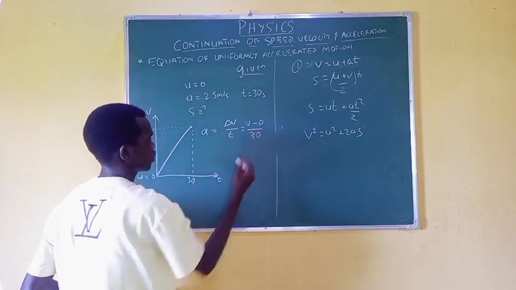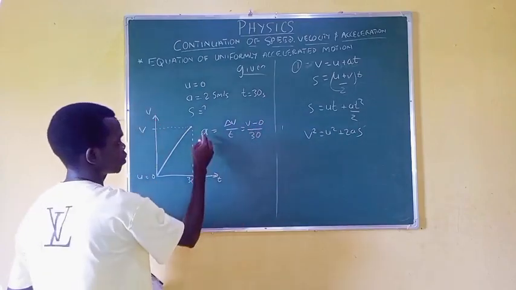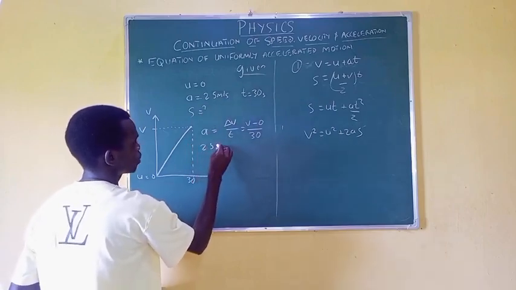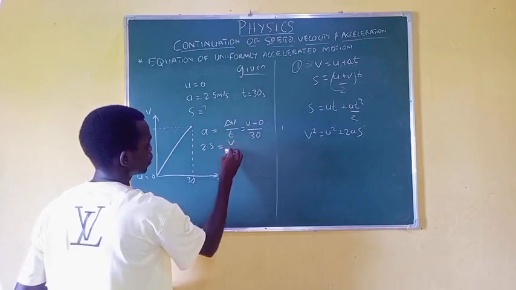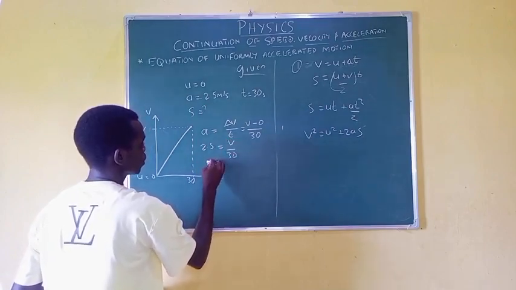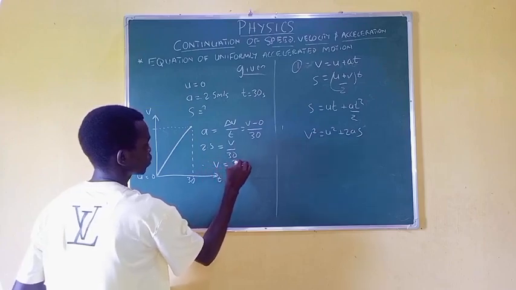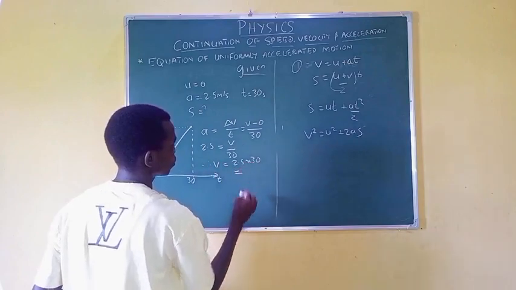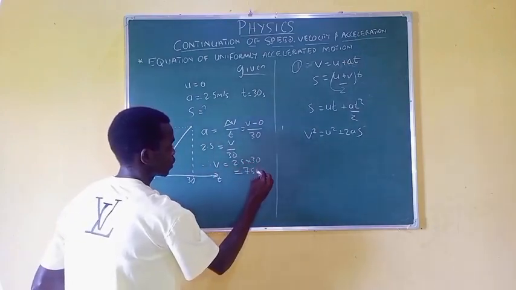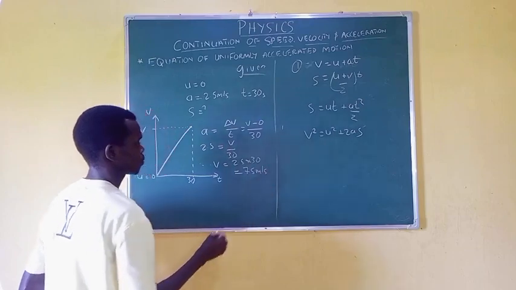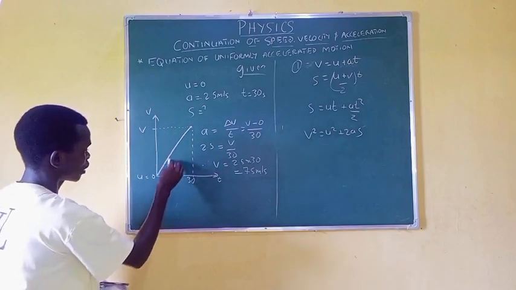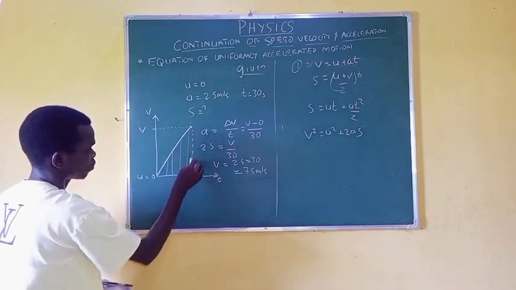So we know that acceleration is 2.5. 2.5 is equal to v over 30. Therefore, v is equal to 2.5 times 30. We have 75 meters per second. From here now, we can find our distance, which is the area under the graph.